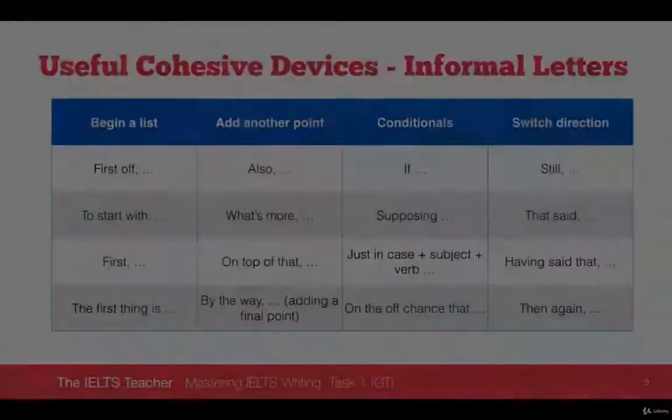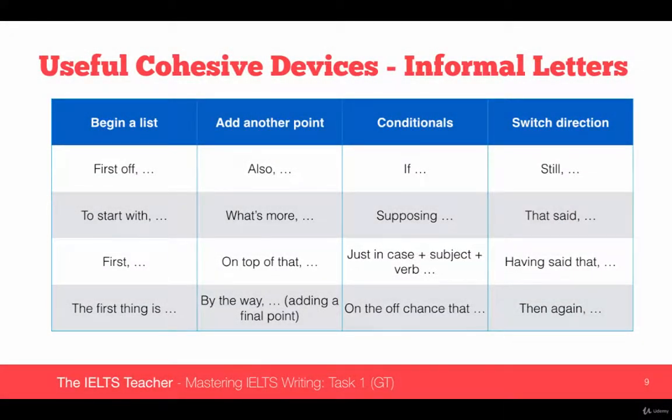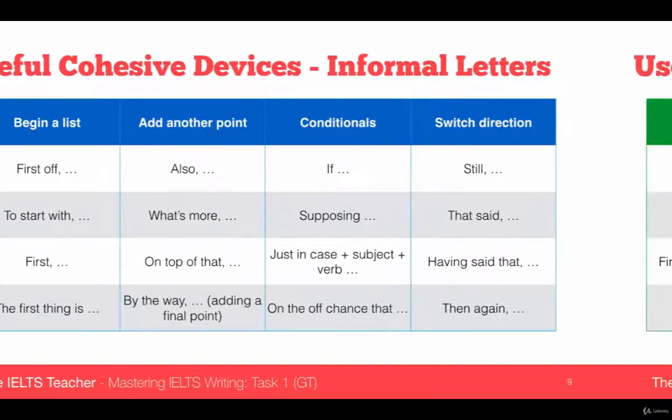Okay, so I'm not going to go through these too much. I'm basically going to leave these on the screen for you, and what I recommend is you could perhaps screenshot, or there will also be the PDF ebook available for you in the last lecture of this course that you can download, and then you can look at these more in your own time. But you can see here we have cohesive devices for beginning a list, adding another point, conditionals, switching direction in our points. That's for informal letters.